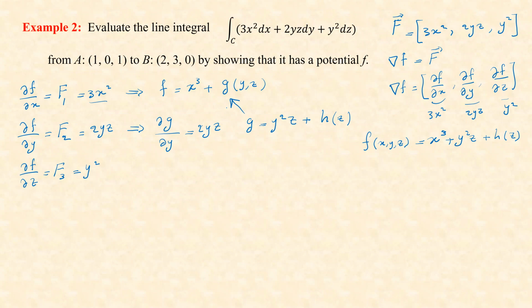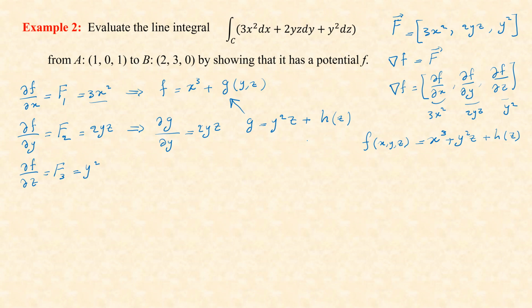Right? And in the second step, we find the condition on g. We said the derivative with respect to y of g should be 2yz. So g becomes y squared z plus a constant. Again, a constant for y and a constant for x, but it can be a function of z.